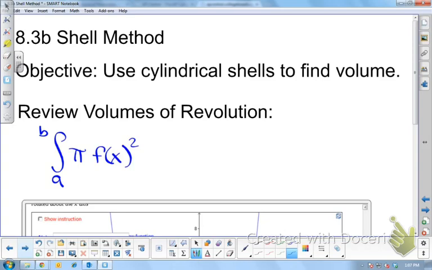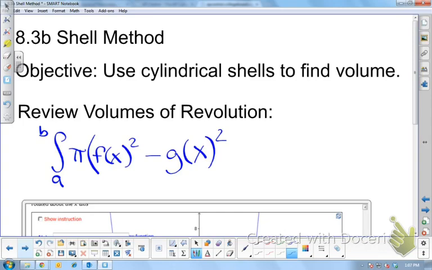Yes. Since we have the pi out front, if we do have a hole, some empty space, sometimes we have to subtract our lower function. And this works if we're around the x-axis. So we sometimes have to shift our function up or down so we get to the x-axis when we're actually revolving around the x-axis.